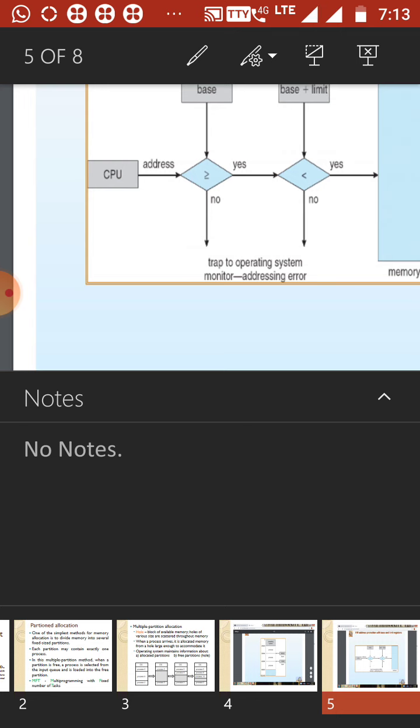So in multi-programming, more than one program is in the state of execution. Here there are three programs in multi-programming.